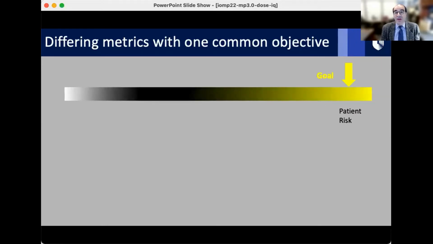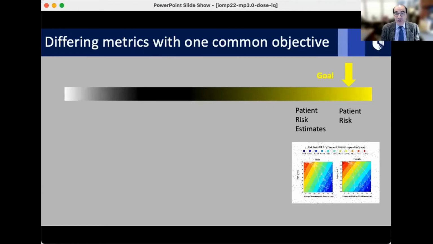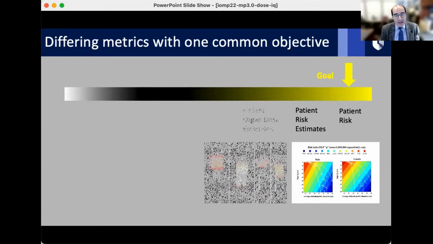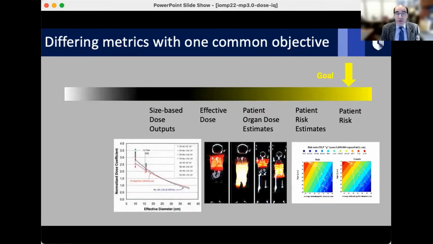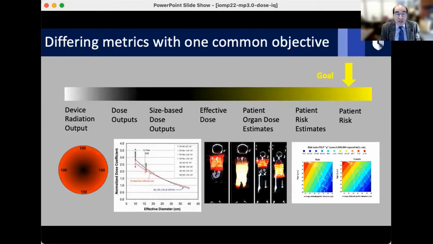We cannot get our hands on it directly. So there is a spectrum of metrologies or metrics that we can use. We can use risk estimates that are not the actual risk, they are estimates of the risk. We can use organ dose estimates. We can do effective dose. We can do size-based dose outputs. We can even use device radiation output as a metric of risk.